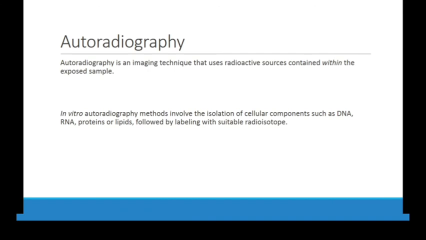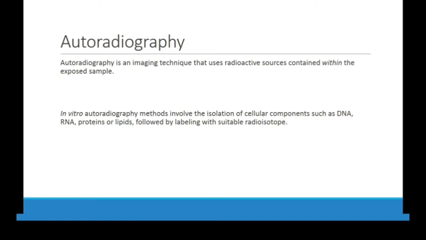So now, what is autoradiography? Autoradiography is an imaging technique that uses a radioactive source contained within the exposed sample. The in vitro autoradiography method involves the isolation of cellular components such as DNA, RNA, lipid or protein, followed by labeling with a suitable radioisotope. In vitro is different from in vivo: in vitro is in a test tube and in vivo is in the living organism.